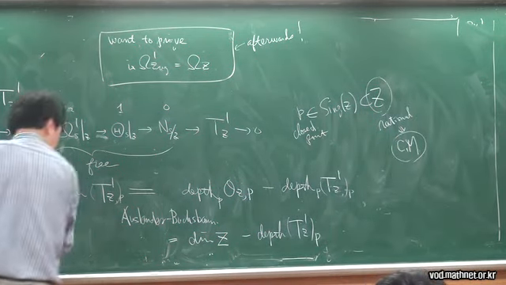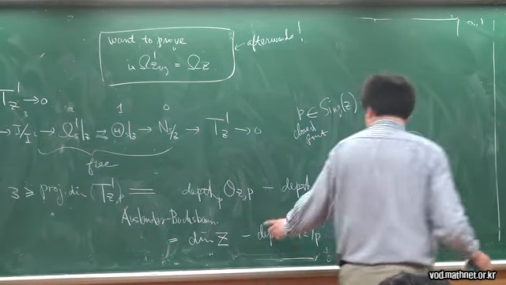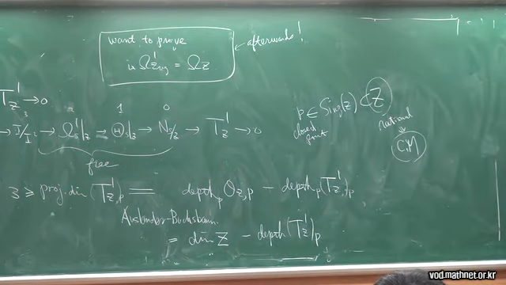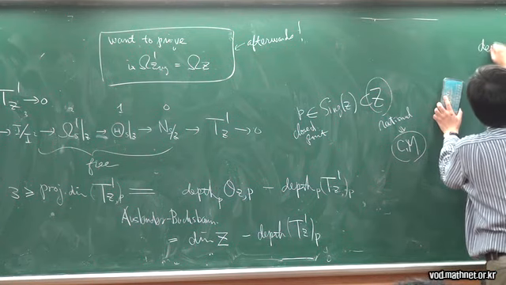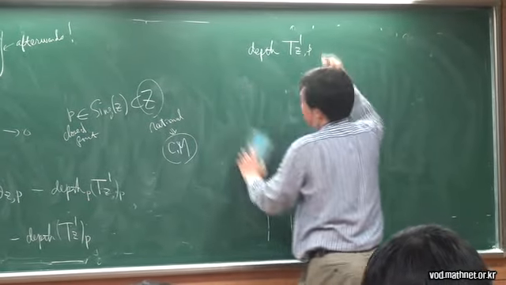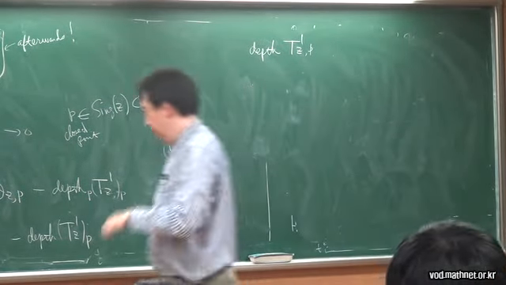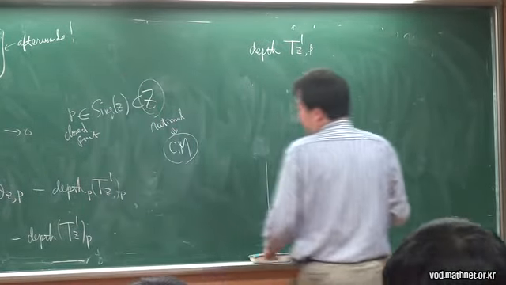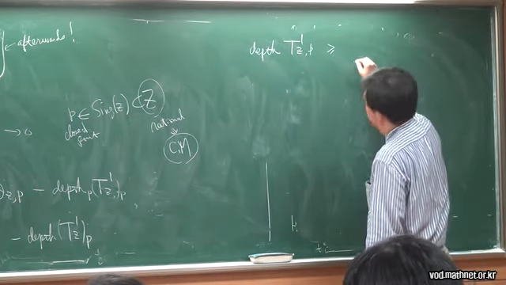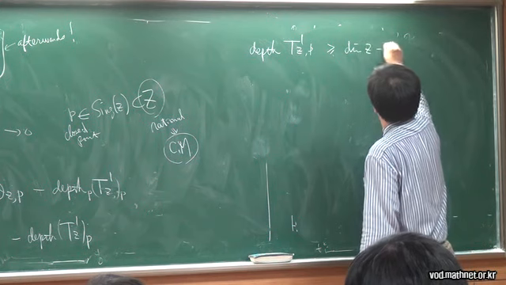So I have an estimate of the depth. What is the depth? So we have the depth of T_Z^1 at P is greater than or equal to dimension Z minus 3.